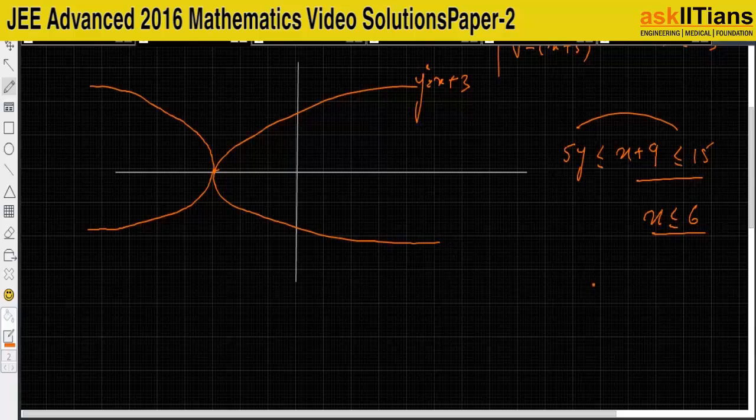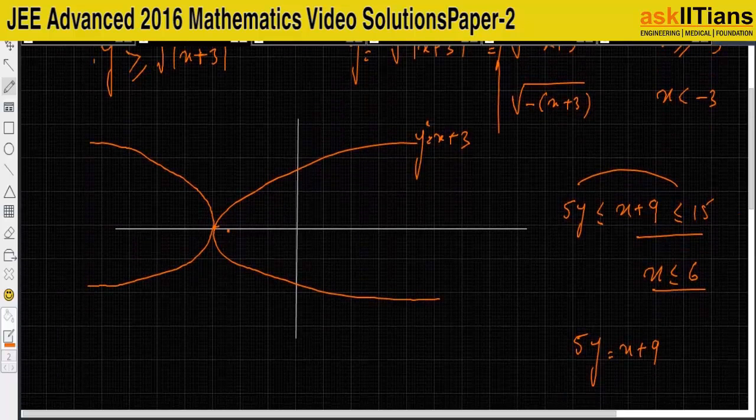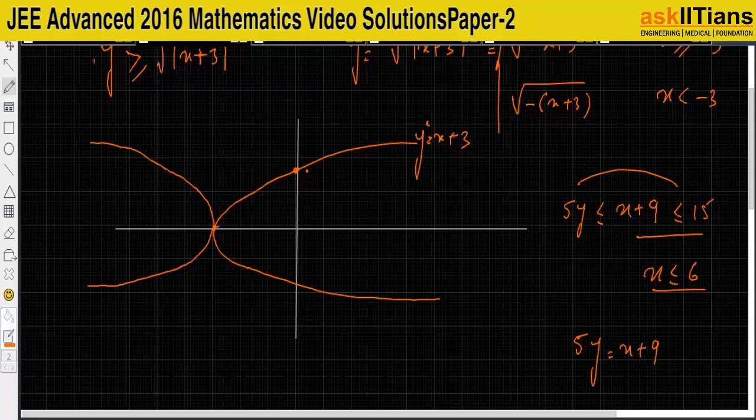So if I plot this line 5y equal to x plus 9, let me first plot this line. This is this point, where x is equal to 0, so y will be root 3. Okay, this is where the line will intersect the curve. The line will be like this.